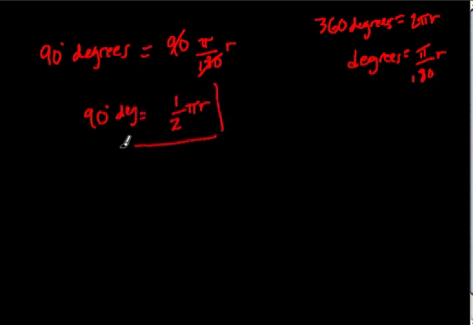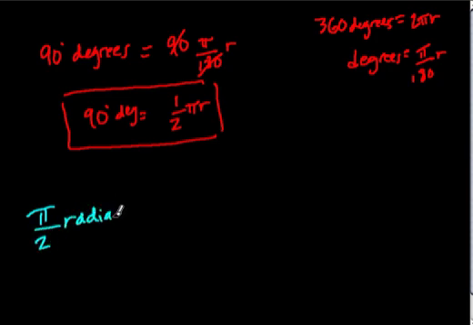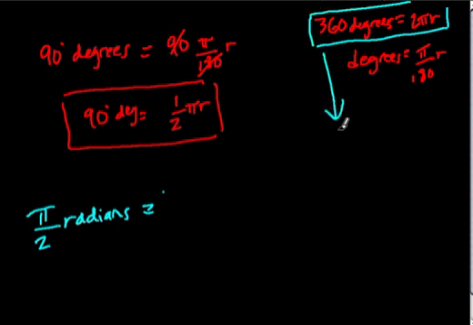And we can go the other way. We can start with radian measures and find degrees. So what if I had pi over 2 radians, and I want to know, well, what is that in degree measure? Go back to our formula. We have this right here, except now we want to know what radians are. So we divide both sides by 2 pi, and we get 180 over pi degrees, and that equals 1 radian.